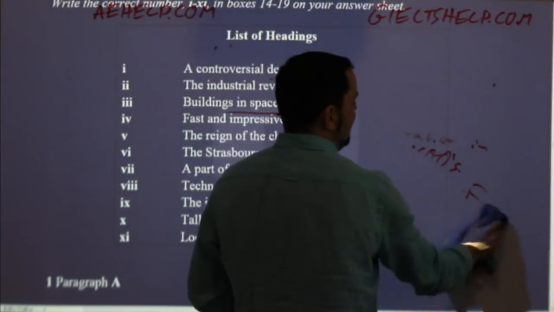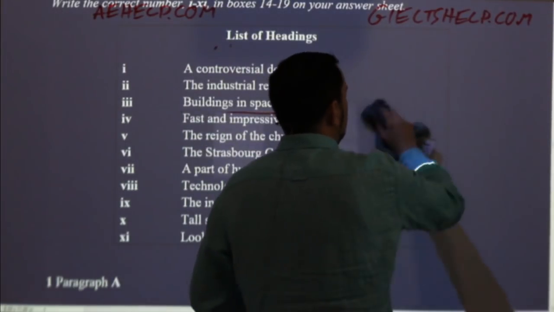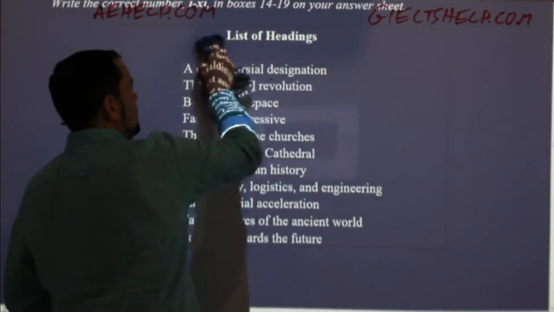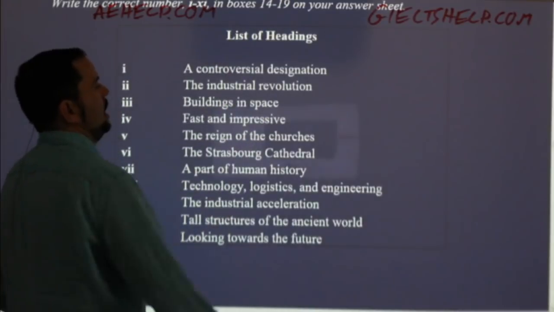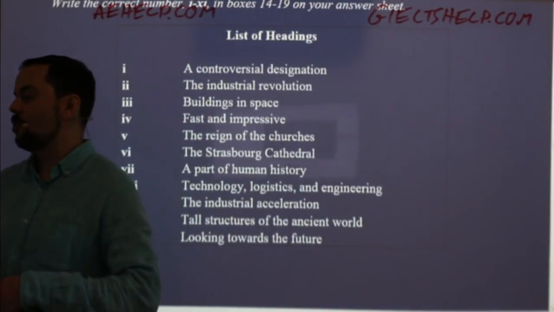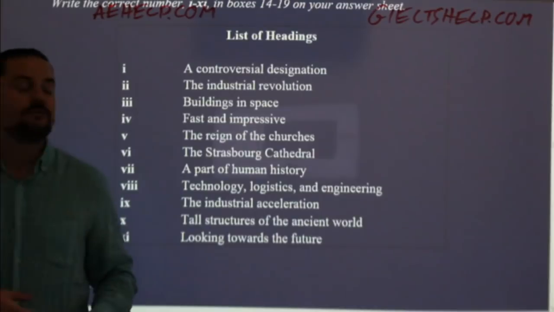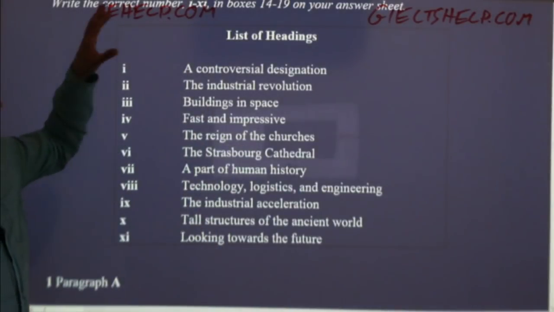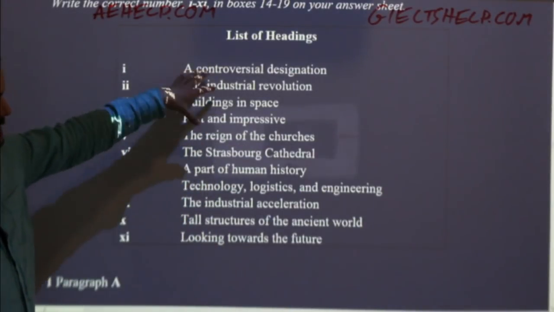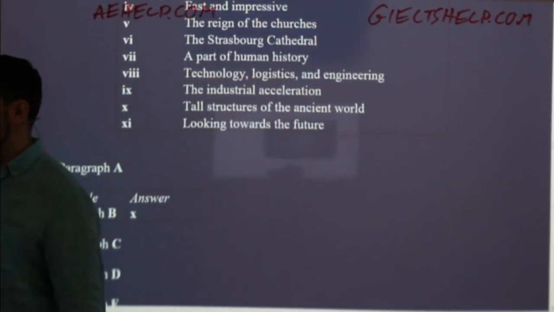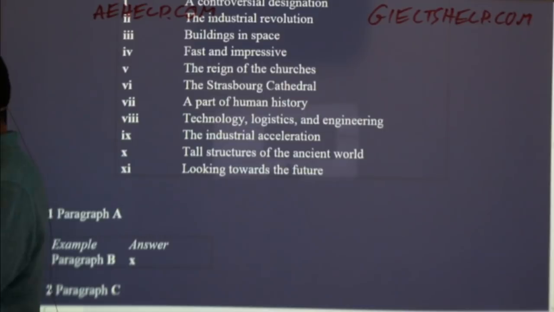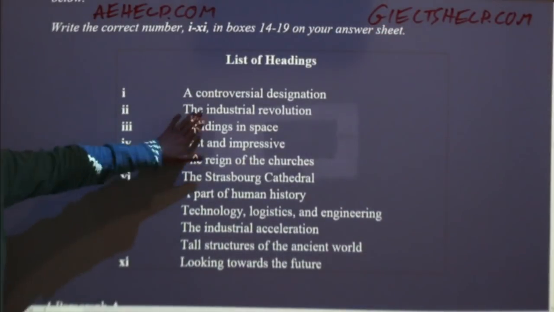Now, there's one last important detail with these list of headings questions that's a little bit different from the other questions, okay? So you've done your paraphrasing, you're feeling good. In the real exam, you've thought about your paraphrasing, you're feeling great. One last tip is list of headings questions.